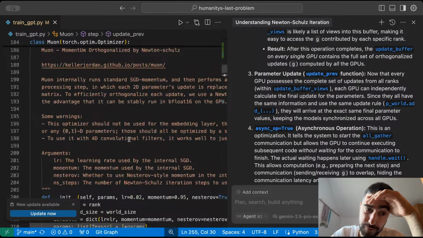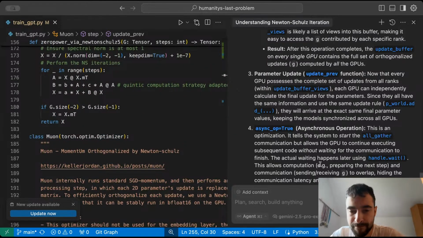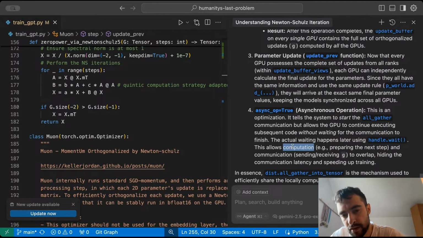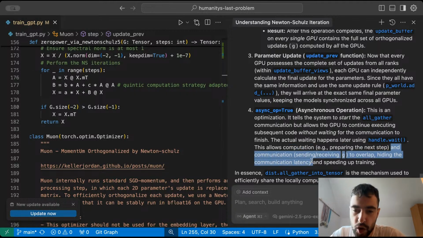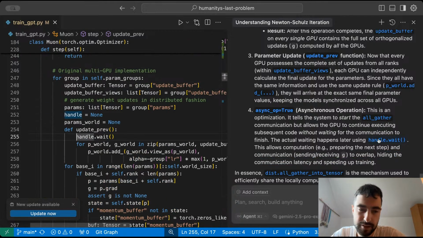It's actually quite far. This allows computation, preparing the next step, and communication, sending and receiving G, to overlap, hiding the communication latency and speeding up training.